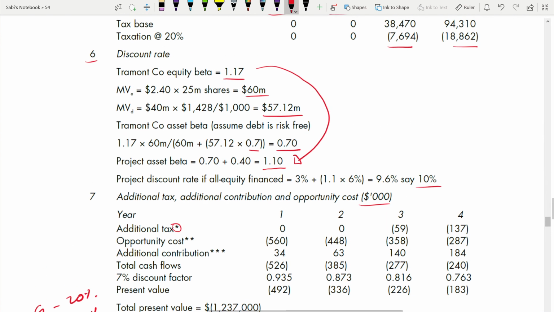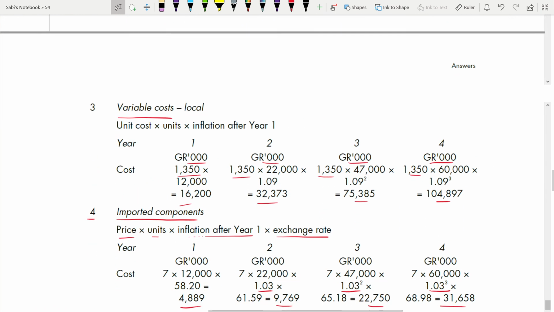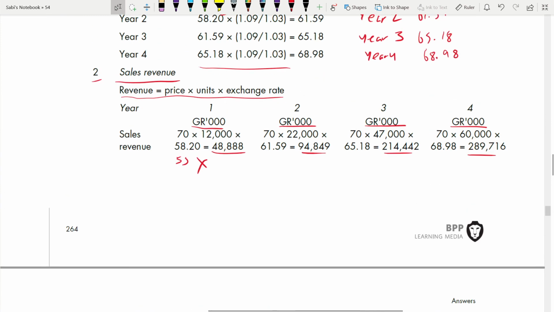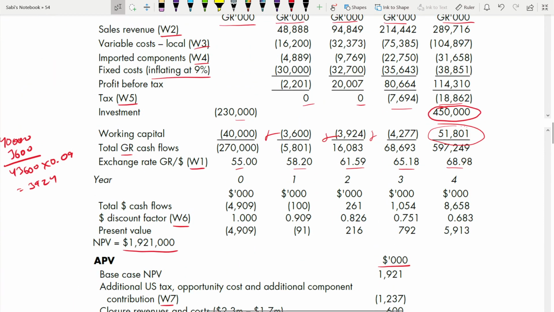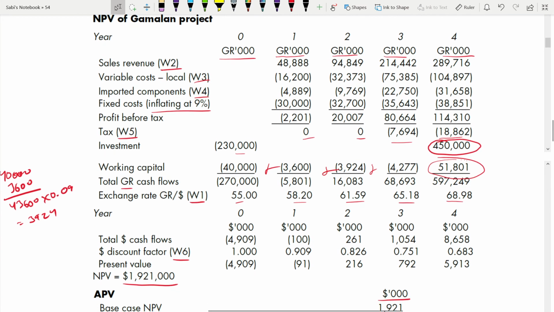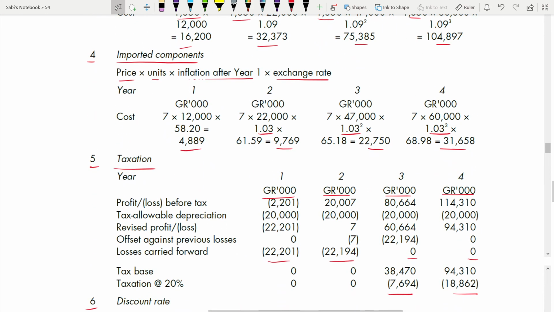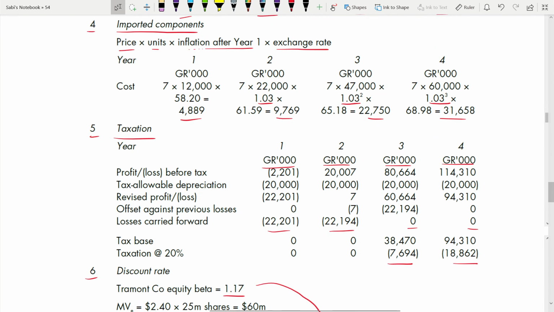So taxable profit divided by exchange rate comes into years 3 and 4. For that we again have to go up, right? So here it is 7694.